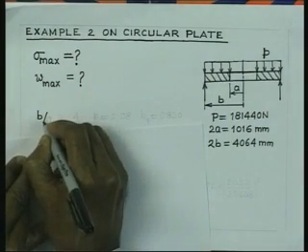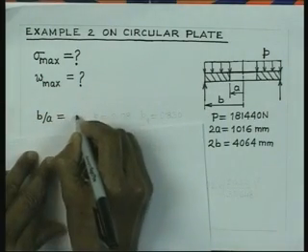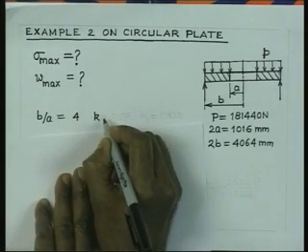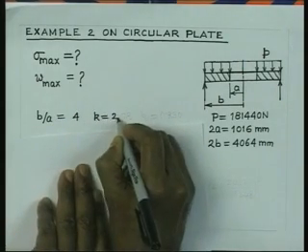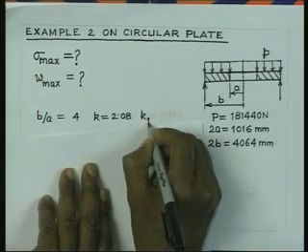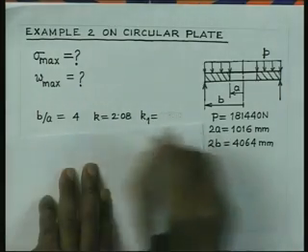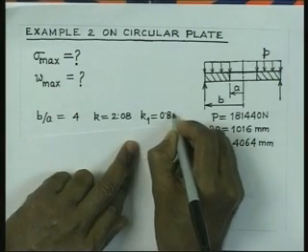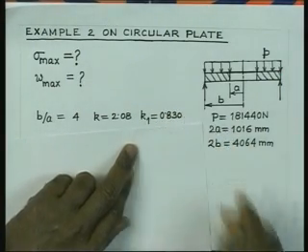So, B by A is equal to 4, and therefore, consulting the table we get the constant k as 2.08, and similarly the other constant which is associated is 0.830.